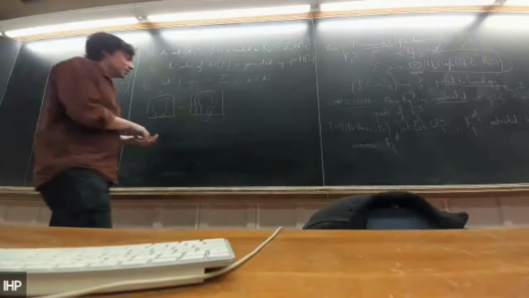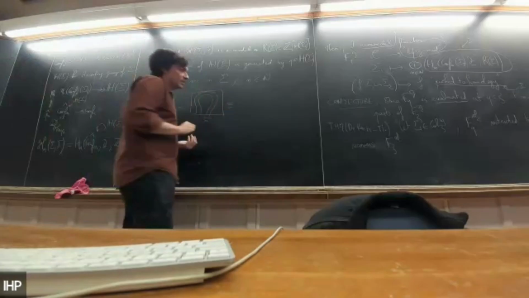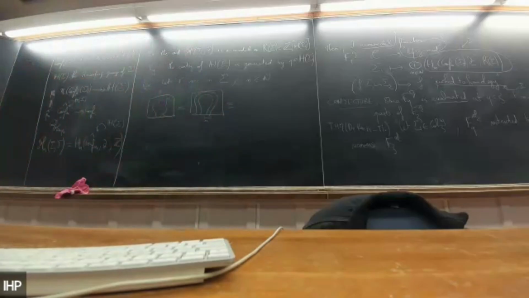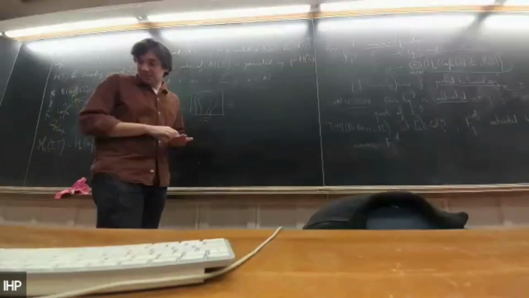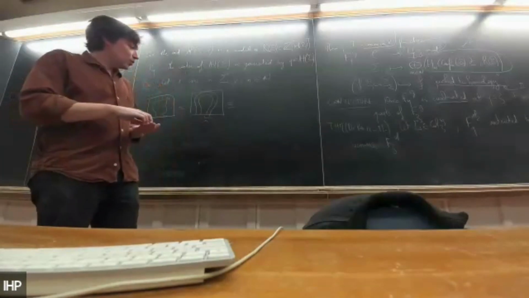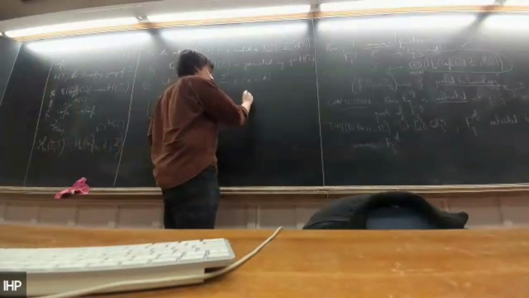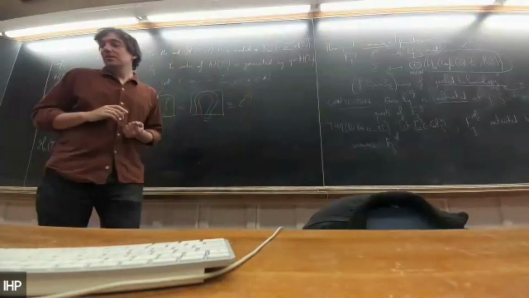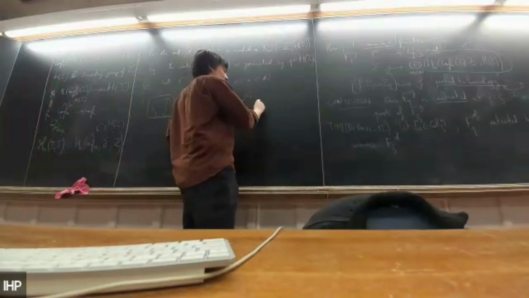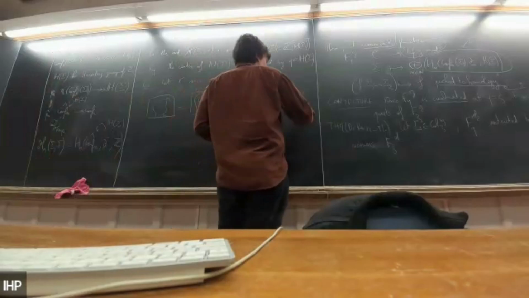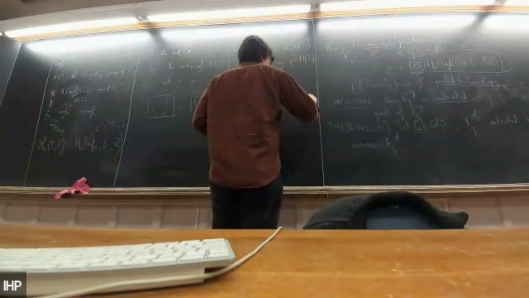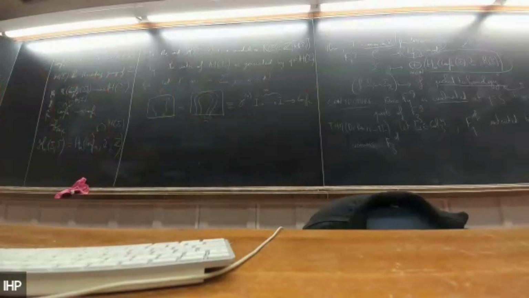And you can also think of it as an embedding that I will call gamma n, which is an embedding of n copies of the interval into the configuration space of n points.